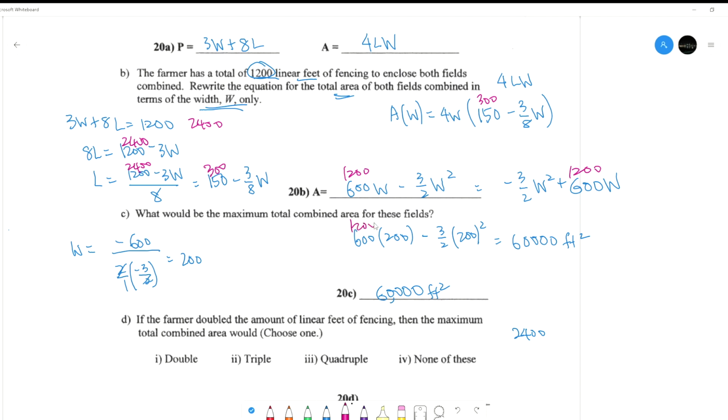So this would be 1200 times 200, right? Minus 3/2 times the 200 squared. Does that make sense? So this would become 180,000 feet squared. So what is that? That's basically triple, right? That's triple.